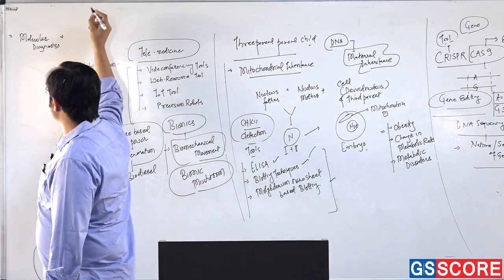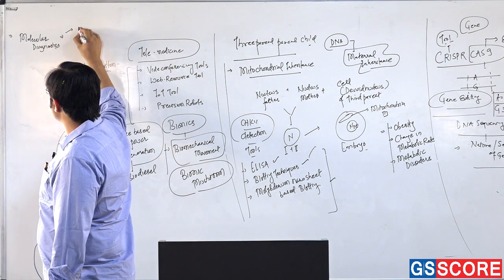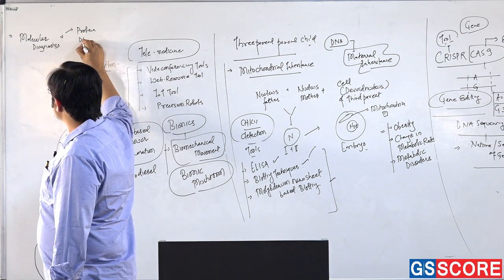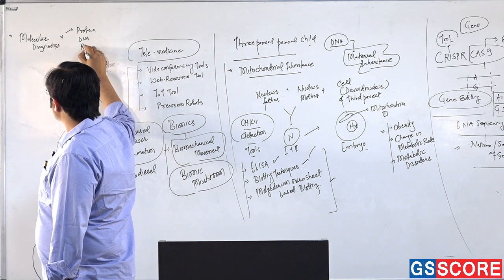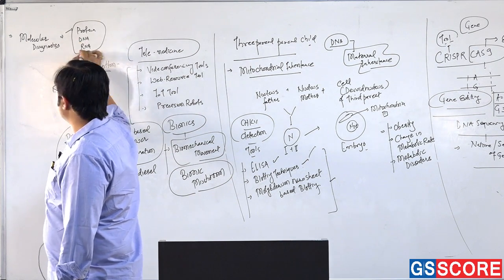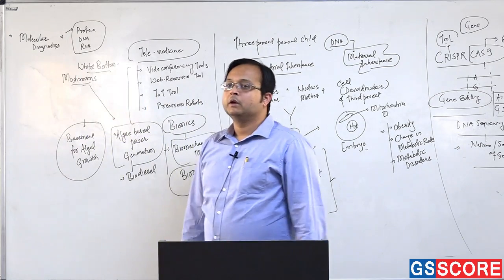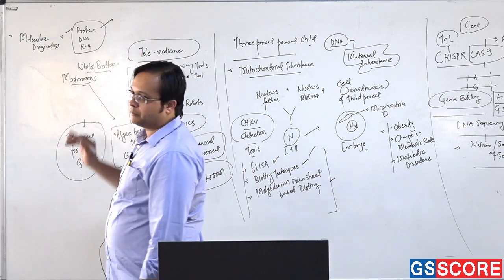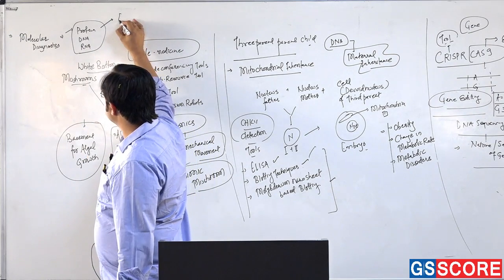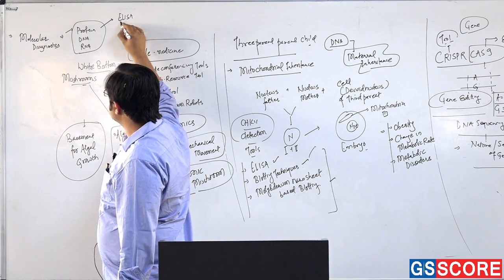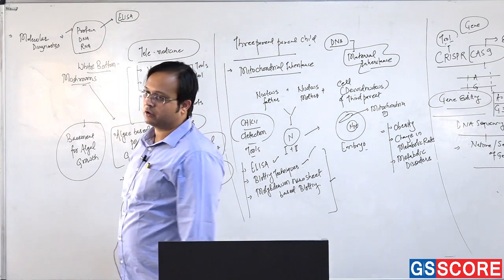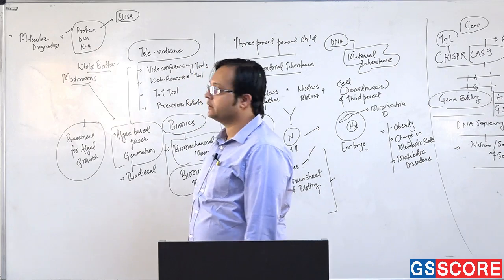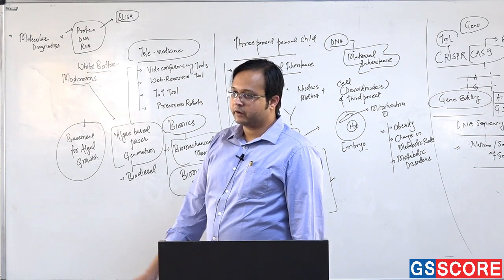Molecular diagnostic is simply based upon identifying either the protein or DNA or RNA of any particular pathogen. Identification of the protein can be done primarily by a tool which is ELISA, which is a fast or a rapid kit, which also has pseudo results, false positive, false negative result also, that is enzyme linked immunosorbent assay.